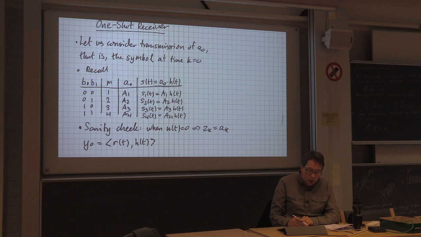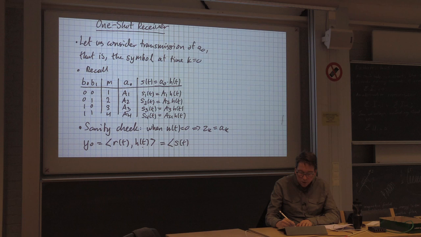So let's look at Y0. It's the inner product of r and h, where r is equal to the transmitted signal plus noise. But since we don't have any noise, it's just the transmitted signal. And what is the transmitted signal?